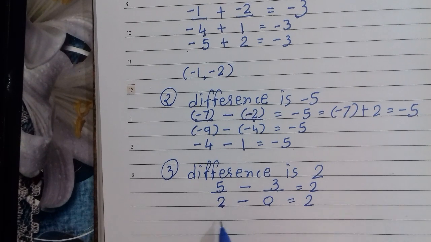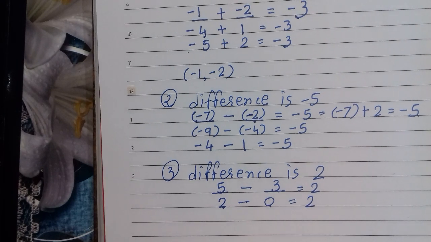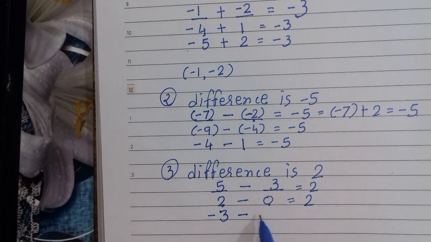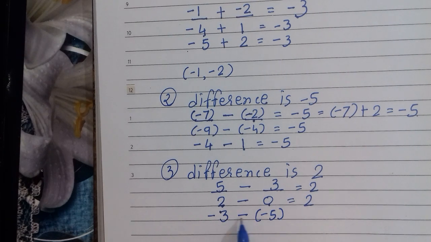If you want to take one negative and one positive, then what will you do? Then select minus 3 minus minus 5. Here minus into minus is plus. So minus 3 plus 5 is equal to 2.